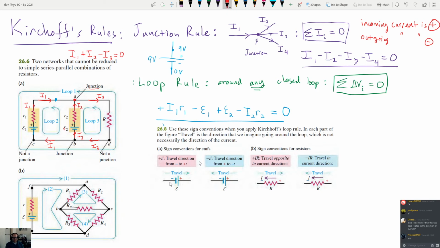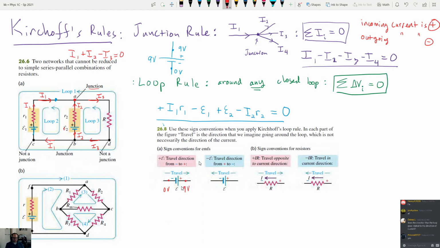When you go buy batteries, you're buying something that has, let's say, a potential difference of 9 volts. If I have a potential difference of 9 volts, what that means is that on the right-hand side of the battery, coming out the positive side, I have like 9 volts of energy, effectively, or energy per charge. And on the left side, if this is 9 volts, then this side has to be 0 volts. Okay?